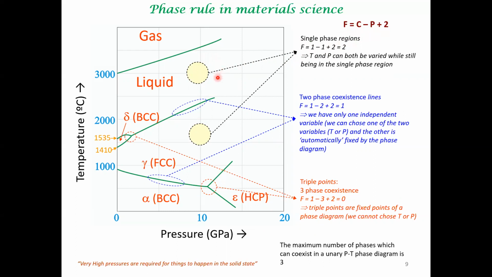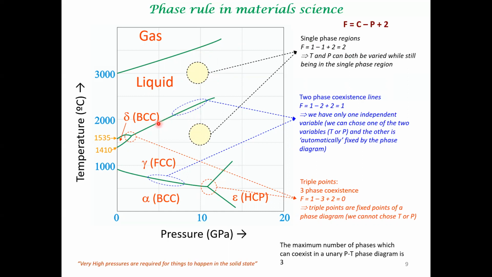I can still be in this domain of single phase region. I can vary temperature independently, keeping pressure constant, or keeping temperature constant, I can vary the pressure independently. So that is possible in this single phase region, and all single phase regions.